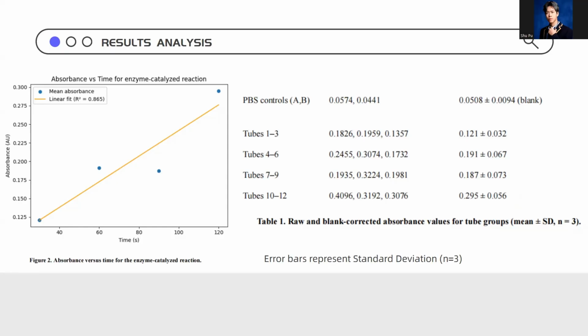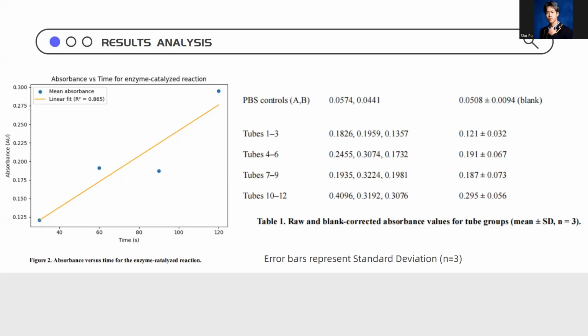Now, let's look at our results from the intestine simulation. The graph shows the absorbance of our reaction over 2 minutes. The x-axis is time, and the y-axis is absorbance, representing the product concentration. As you can see, we got a beautiful positive linear slope.